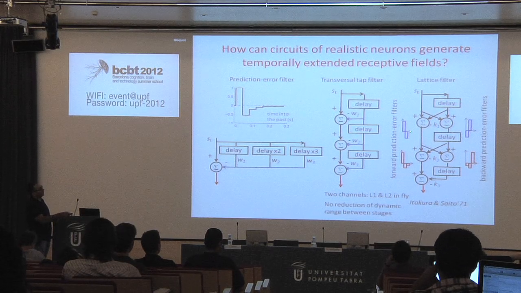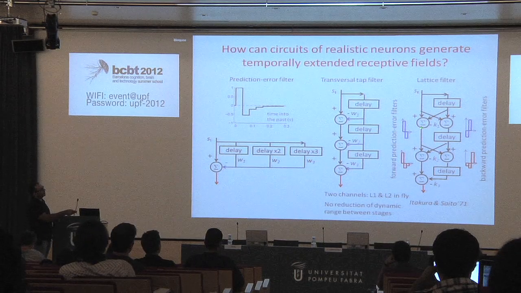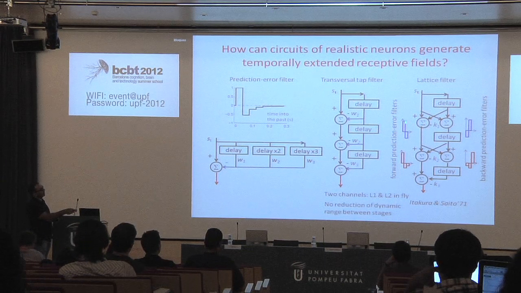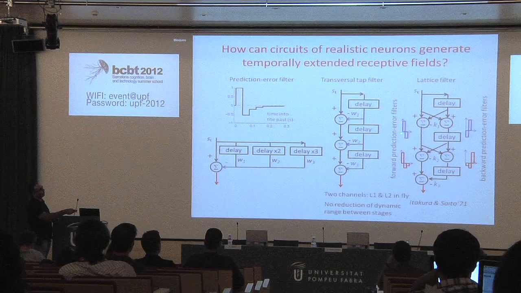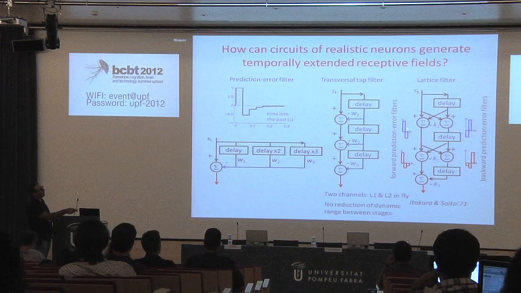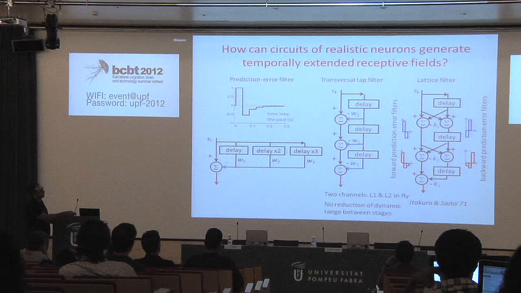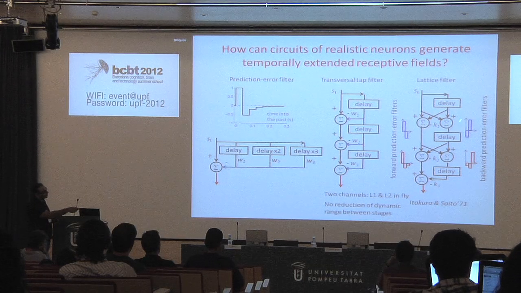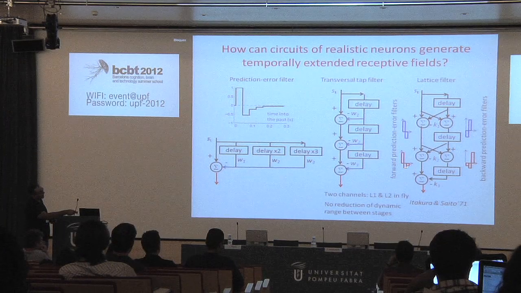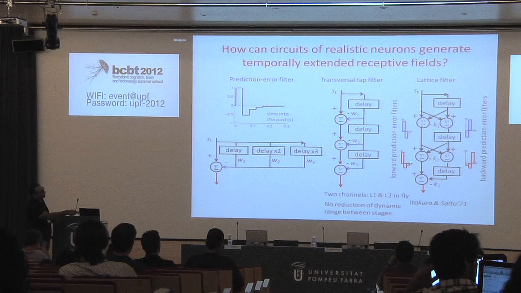Well, first of all, this is the prediction error filter as measured at this point. And as you can see, it has this now familiar form of the biphasic response with the unit weight here and the weight less than unity here as before. And then this is the prediction error filter of the next stage. It uses an additional delayed path. And that's why its second phase is more extended and smaller in amplitude.